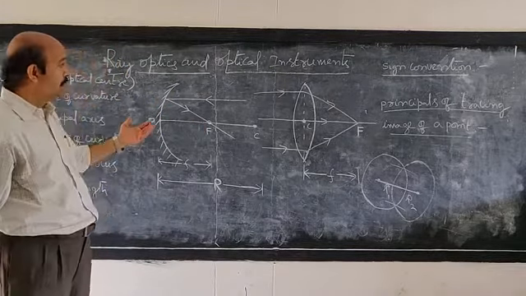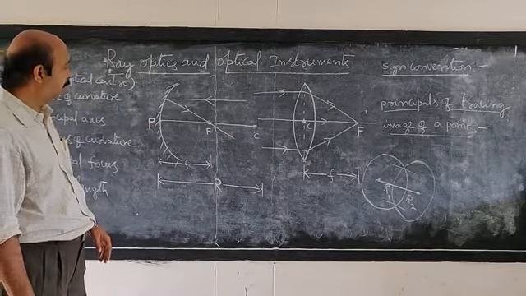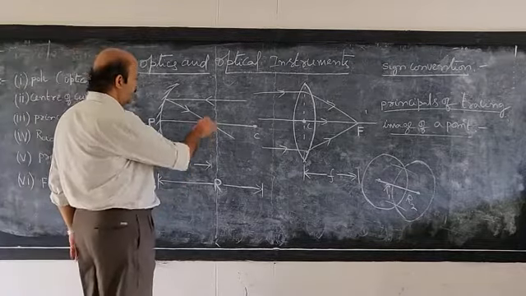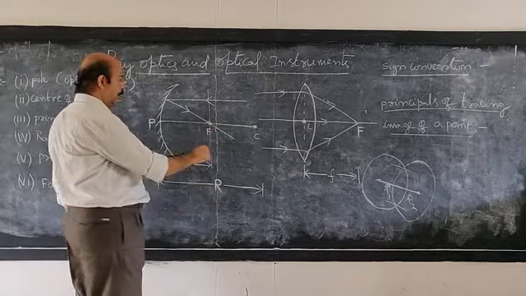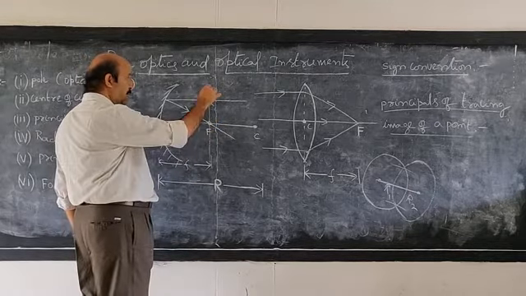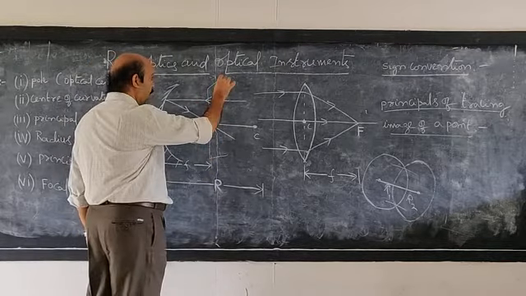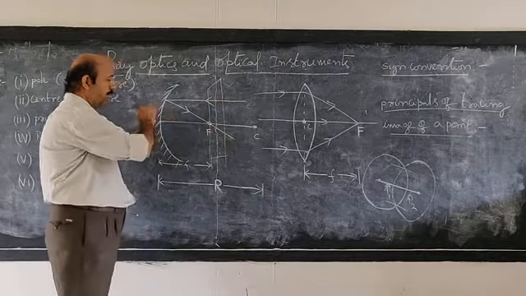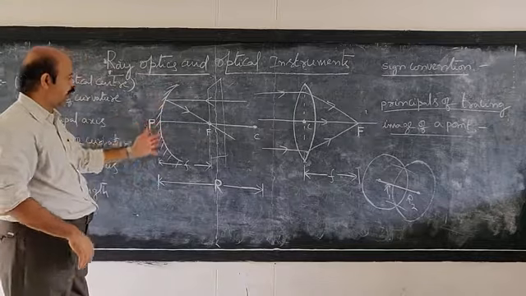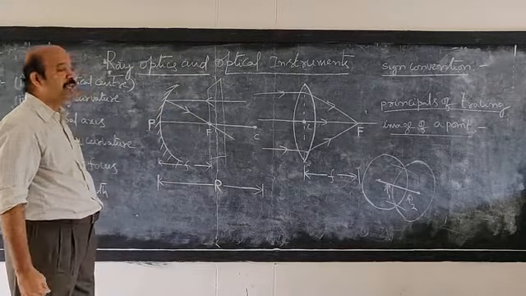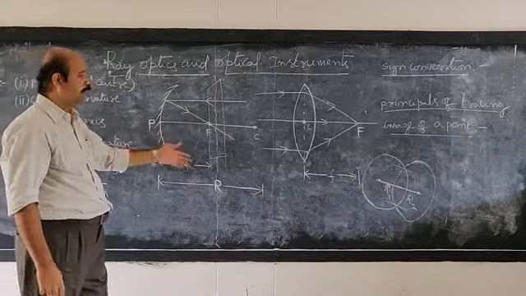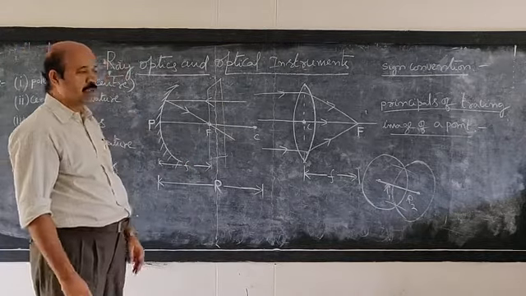Okay, so that is about some important definitions. Another thing is, if you imagine a plane here passing through the focus perpendicular to the principal axis, that plane on which the parallel rays after reflection in the case of a concave mirror converge is known as the focal plane. Similarly, we can define it for a lens also.